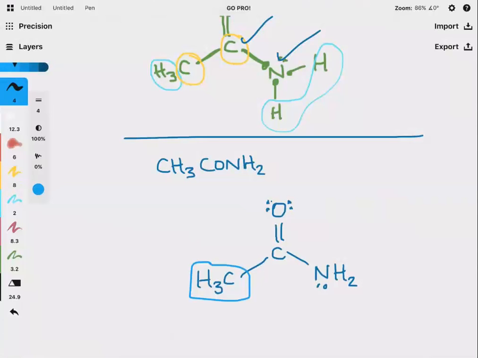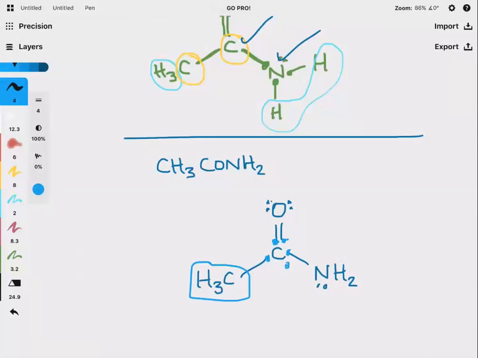Look on your periodic table. So it has 4 electrons in its valence shell. Does it have 4 here? Yes, it does. 1, 2, 3, 4. So it doesn't have any more or less electrons than it should have. It has the right amount. So that central carbon has no charge.